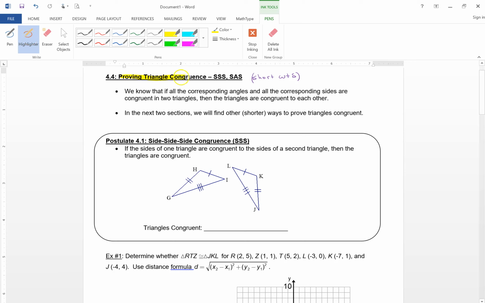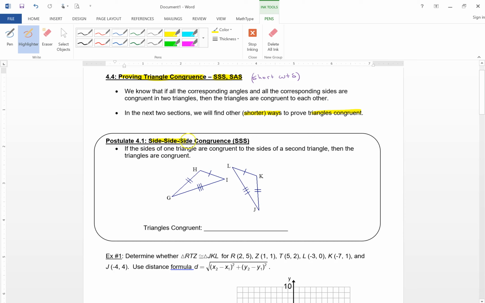So we're going to prove triangle congruence, specifically SSS and SAS, and these are shortcuts. So instead of having to show all three angles and all three sides are congruent, we could get away with just showing 3 of the 6 are congruent. So these are shorter ways to prove triangles congruent.